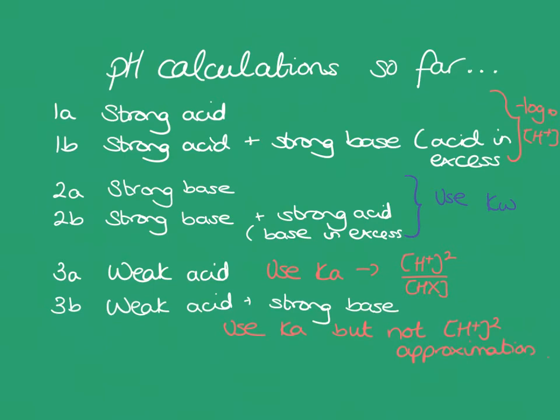There's another calculation that we're going to look at in this video, which is a weak acid plus salt to prepare a buffer. And again, we use Ka with this and not the H plus squared approximation.